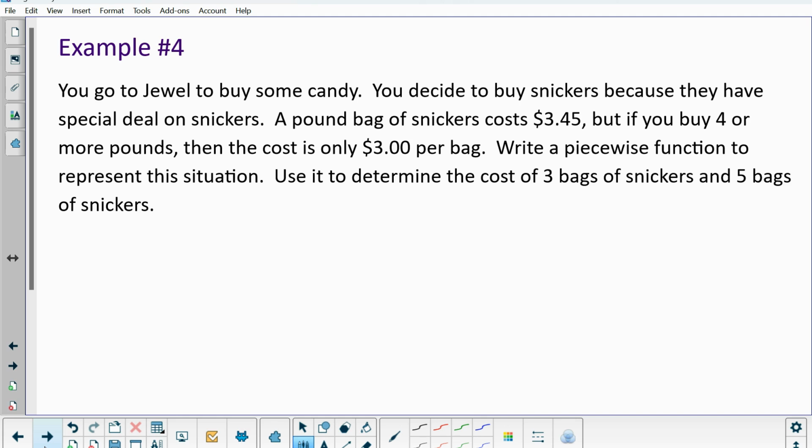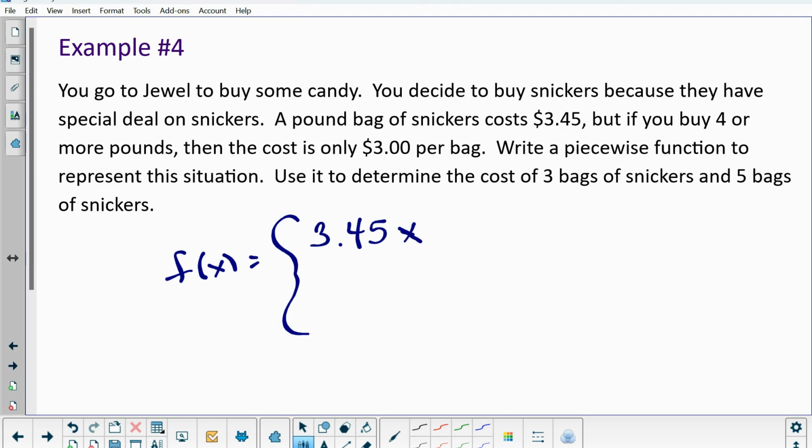Okay, so here's how it's going to go. So you're going to have 2 parts. You're going to have to do one like this, I think, in your closer and definitely in your homework. So you've got the part that is $3.45 per bag, okay? Or per pound, excuse me.